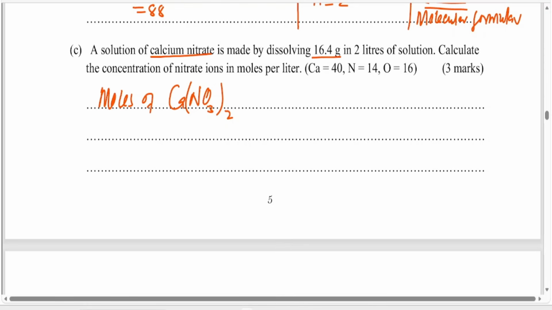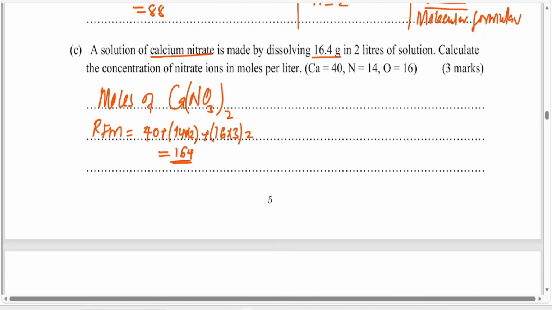So the relative formula mass, we shall determine by taking calcium 40 plus nitrogen 14 times 2 plus oxygen 16 times 3, and then times 2. And this gives us a total of 164. That is the relative mass.